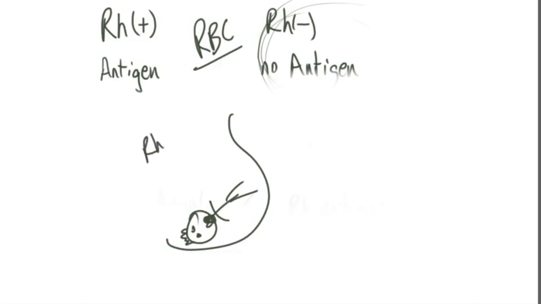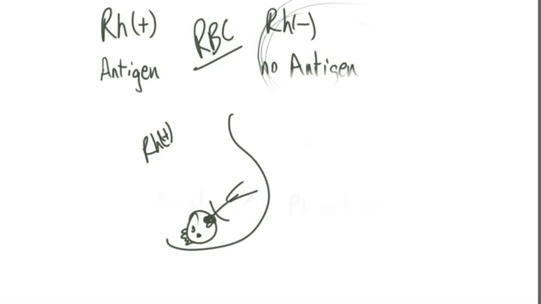If the mom is Rh positive, is there any situation that would cause her to develop the antibodies to the Rh factor, if she's positive? If you're Rh positive, would you develop antibodies to kill your own blood, to destroy your own blood? So is there any way a positive person could develop them?